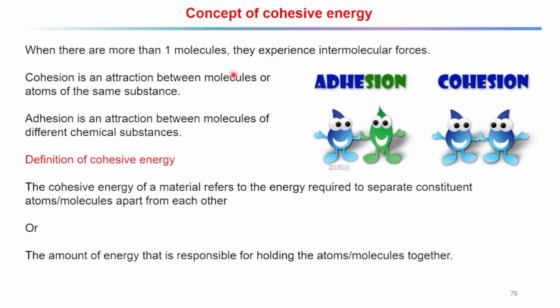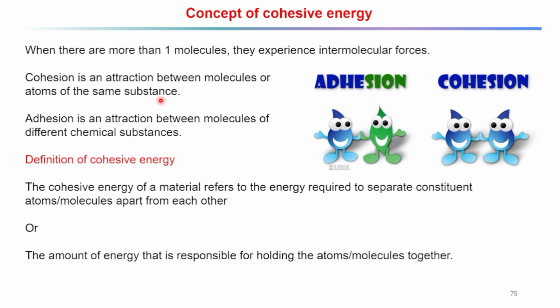Okay. Now when there are more than one molecules, they experience intermolecular forces. As we put more than one atom or molecule, they will experience some intermolecular force. Either they will attract or they will repel each other. Now, cohesion is an attraction between molecules or atoms of the same substance.